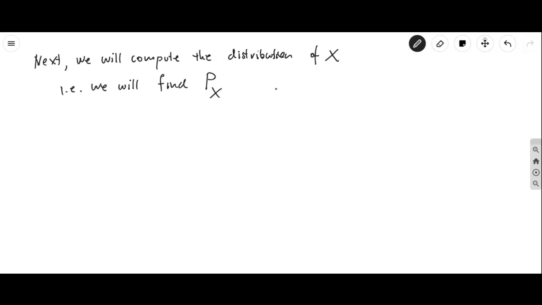This is the probability measure induced by x on the Borel algebra. And it will turn out that this probability measure is what we call absolutely continuous.